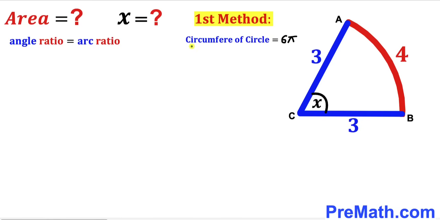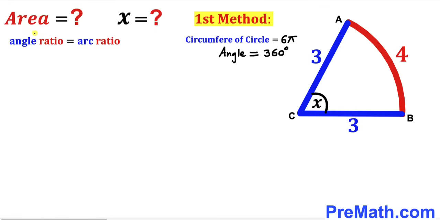So the circumference of the whole circle turns out to be 6 times pi. And likewise, the angle of the whole circle is 360 degrees.